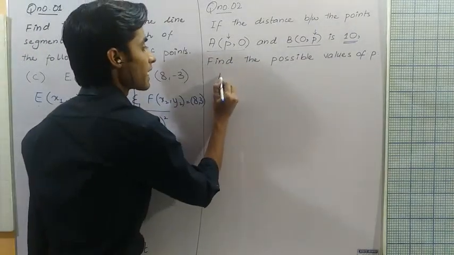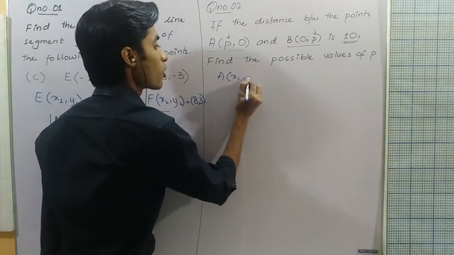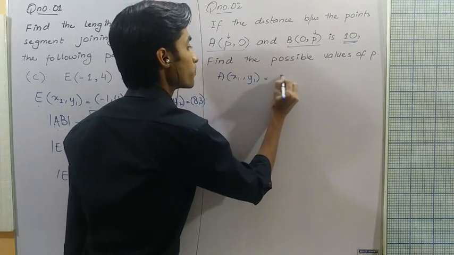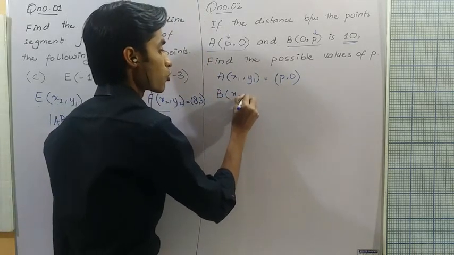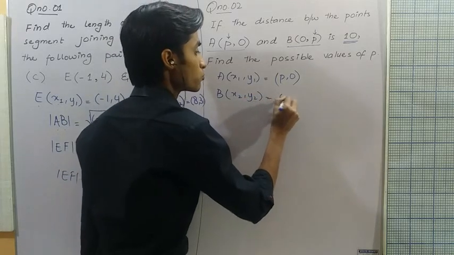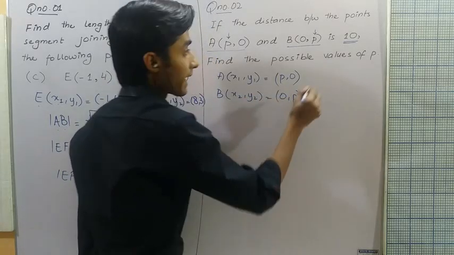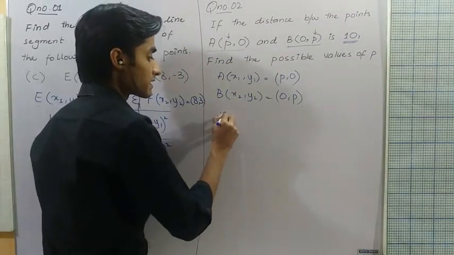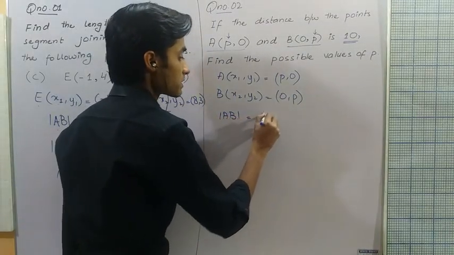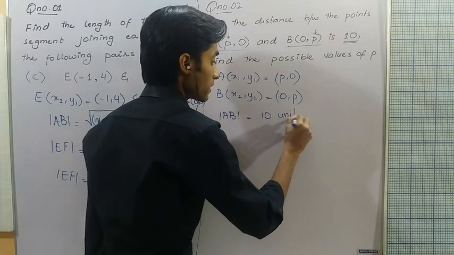So I have the first point. I'll say let A (x1, y1) = (P, 0), and B (x2, y2) = (0, P), and the distance between both the points is 10. So I can say the distance AB is 10 units.